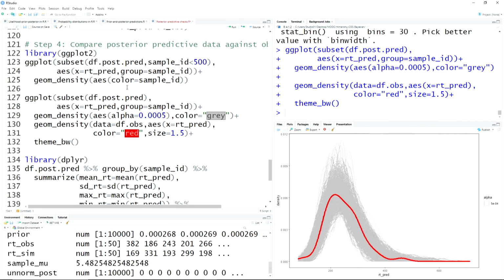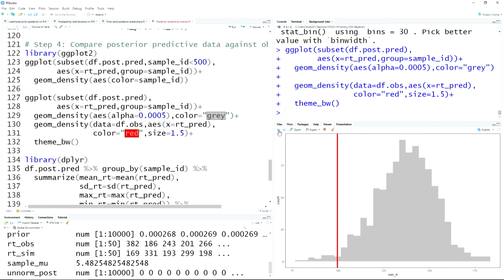When the actual data was log normally distributed, we checked how the PPC, posterior predictive checks, look when you assume a log normal likelihood versus when you assume a normal likelihood. When you assume a log normal likelihood, which is the more reasonable assumption, you see that the red line, the observed data, is actually in the middle of these posterior predictive checks. So the posterior predictive distribution looks almost the same as the observed distribution, right? And that also holds for all the summary statistics of posterior predictive data and observed data.